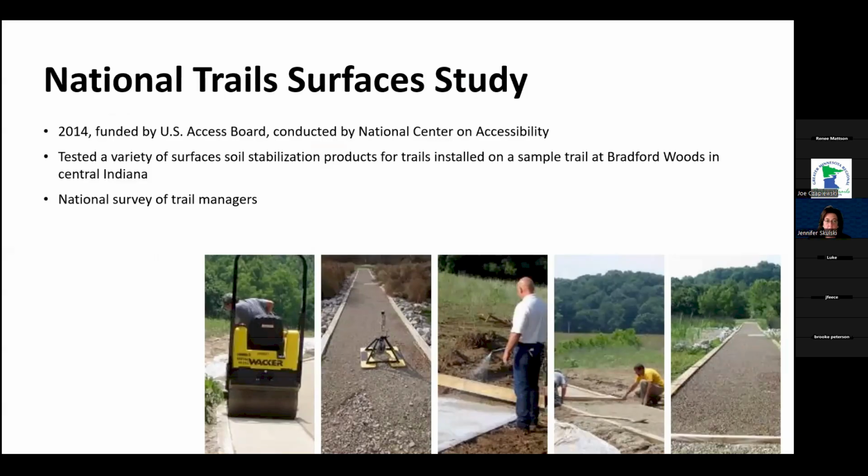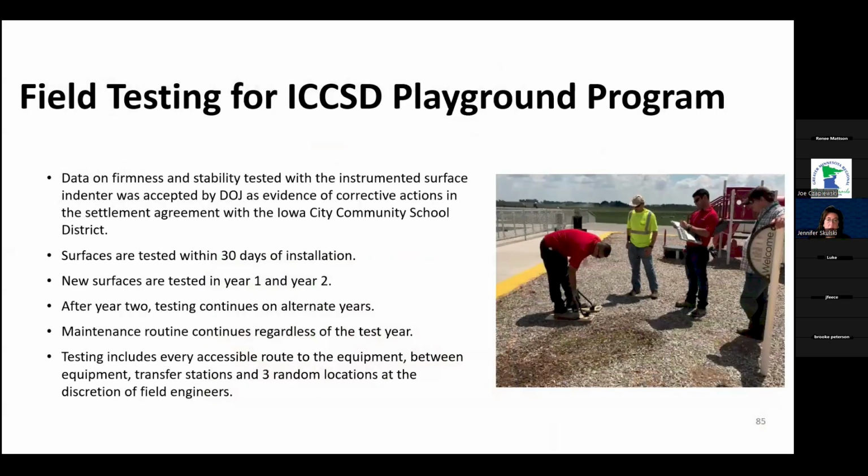We did the same type of thing with a commissioned study by the Access Board, again at Indiana University and the National Center on Accessibility, on trail surfaces. And then back to that Iowa City Community School District DOJ complaint that was investigated.